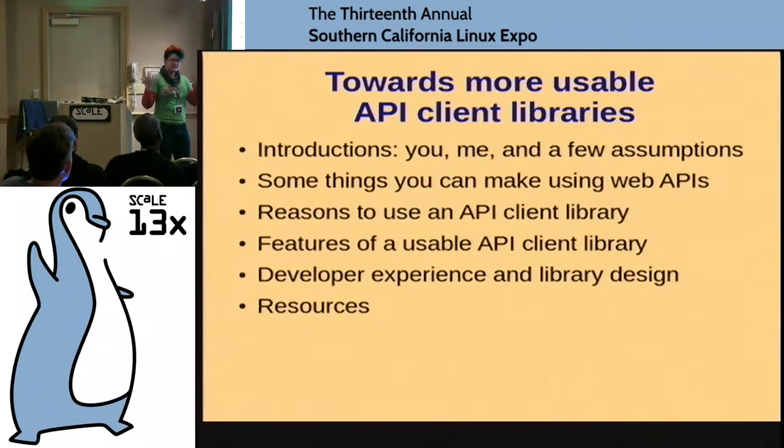If you maintain or write client libraries of your own, then I hope you can take from this talk some things you can do to make your library easier for as many people to use as possible.